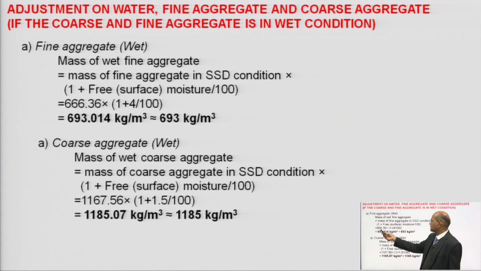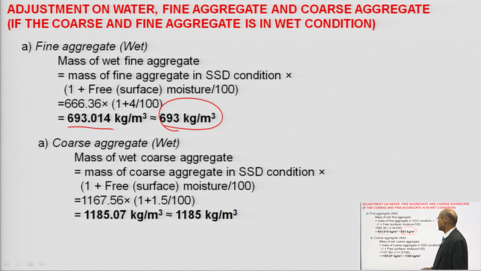So, this is nothing but 666.36 multiplied by 1.04. We have to increase by 4%. So, 666.36 multiplied by 1.04, you can get 693 kilogram. That much weight of sand we have to weigh, because water is also there.